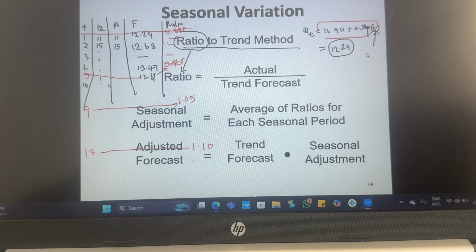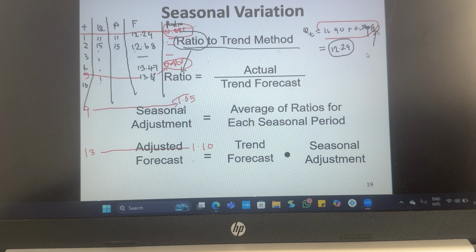Now you see, this 0.895 ratio, what is the relevant time period? 1997 first quarter ratio. Okay. And number 5, this number is the 1998 first quarter ratio.